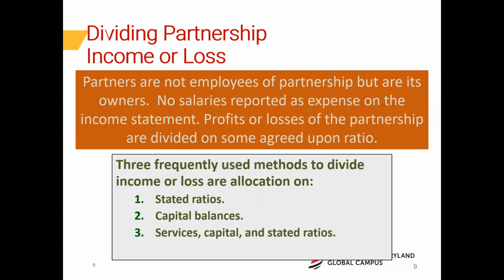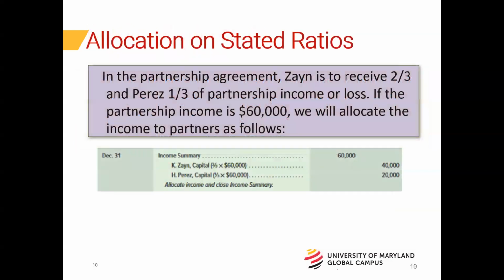And we do this based off of three allocation methods. One is the ratio method. Another is the capital balances, and service, capital, and stated ratios.